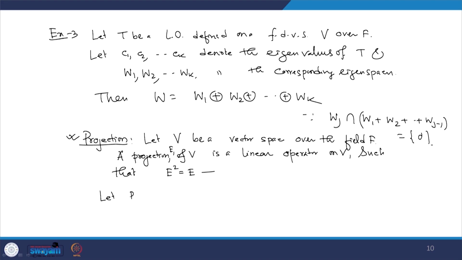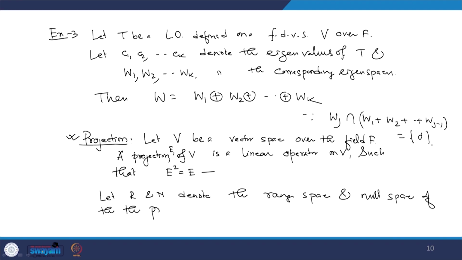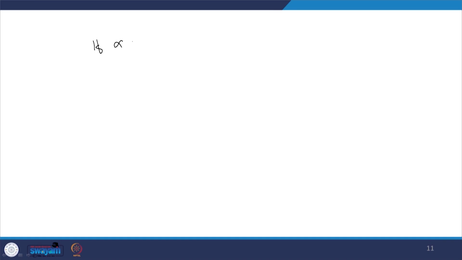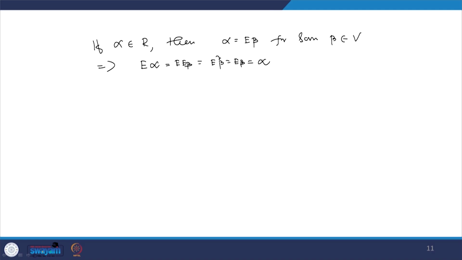So, let R and N denote the range space and null space of the projection operator E. We have E is basically an operator from V to V. If alpha belongs to the range of E, then alpha equal to E beta for some beta belonging to V. So this implies E of alpha equal to E beta, that is equal to E square beta, which is equal to again E beta, which is again alpha.